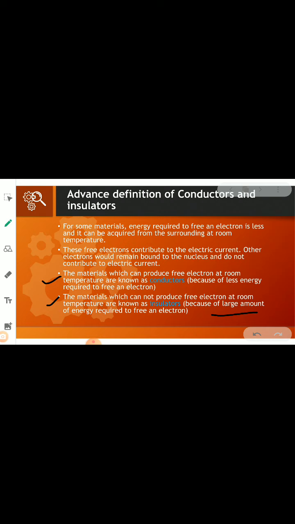Now you have understood that to conduct electric current in a wire of any material, that material should be a good conductor.